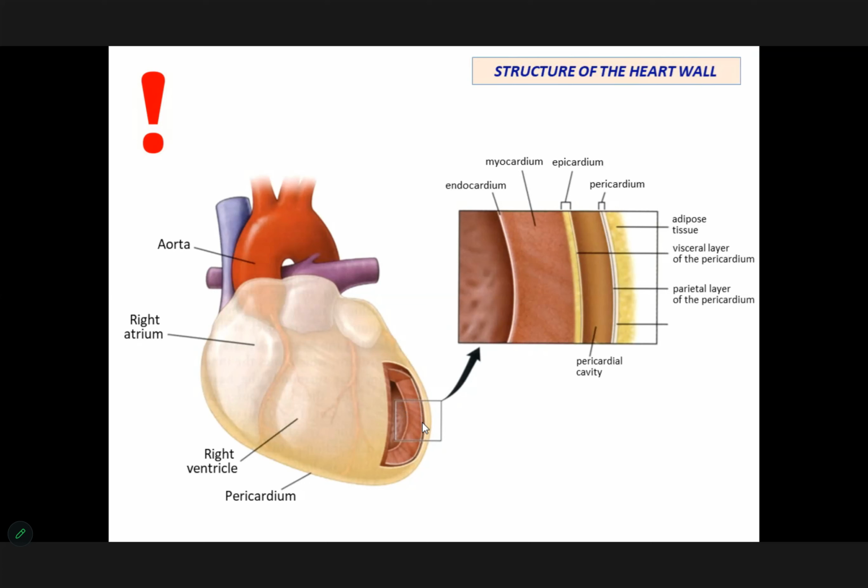The heart is located inside the pericardium, pericardial cavity filled with the fluid, and the outer wall of the pericardium is called the parietal layer of the pericardium, and the inner wall of this cavity is called visceral layer of the pericardium, which is actually the epicardium. So epicardium is the same as visceral layer of the pericardium.